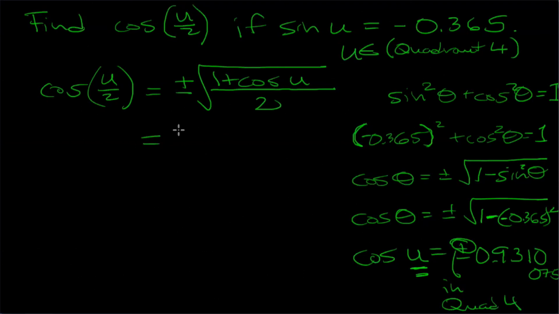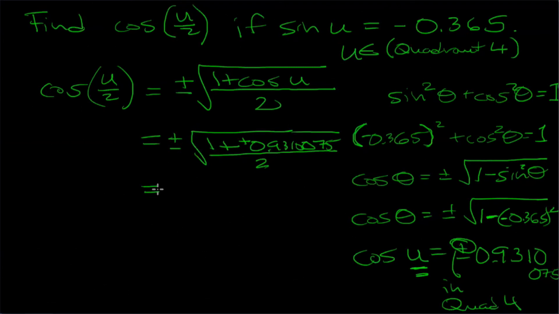So let's go ahead and plug in what we found out. We found out that cosine of u is a positive 0.9310075. And I'm going to use as much accuracy as I can to do this calculation so I don't lose any accuracy in my final answer.